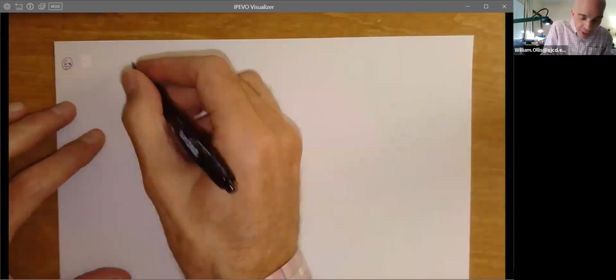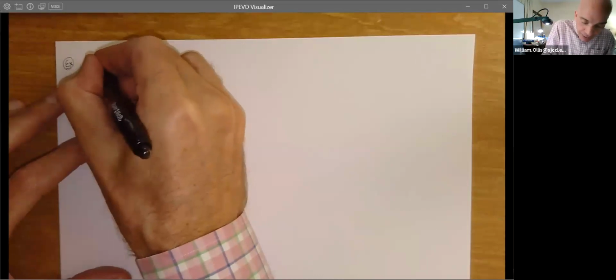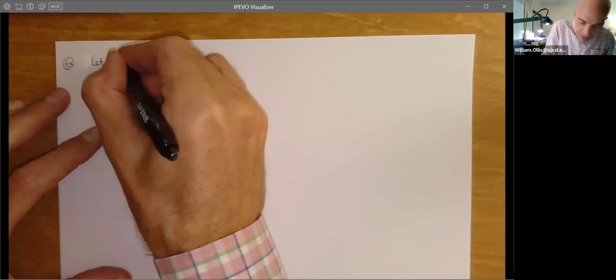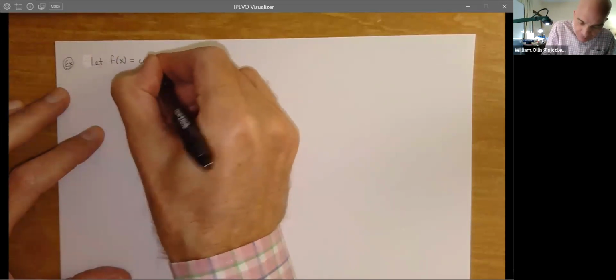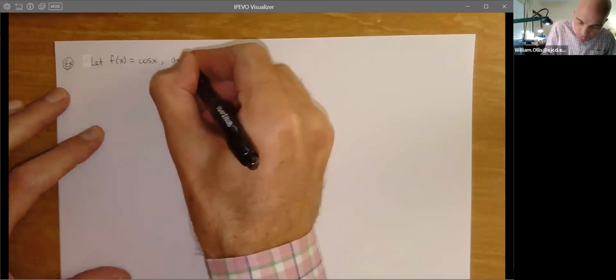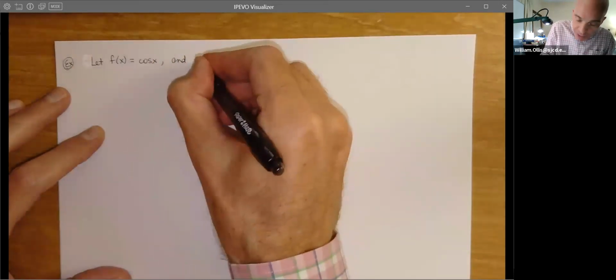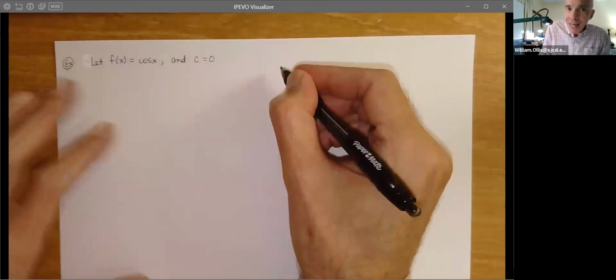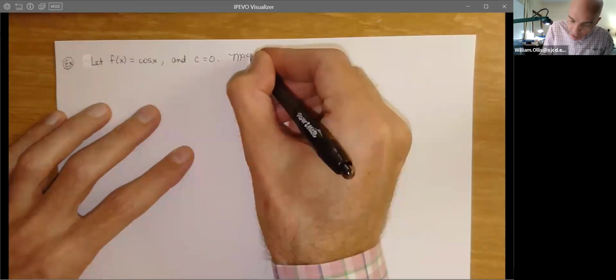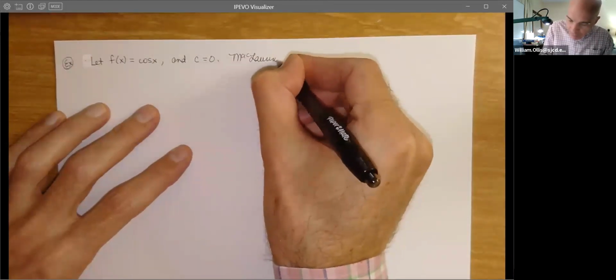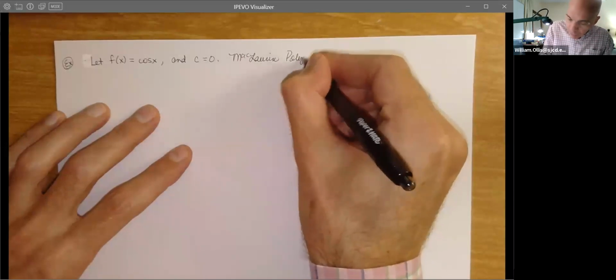So here we'll say let f of x equal cosine x. And we'll take the expansion point to be 0. So we want a Maclaurin polynomial.